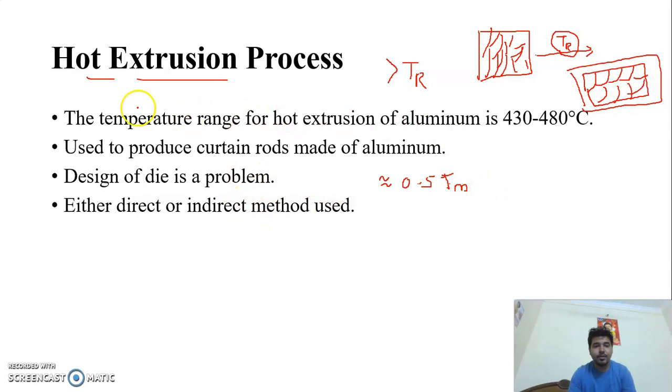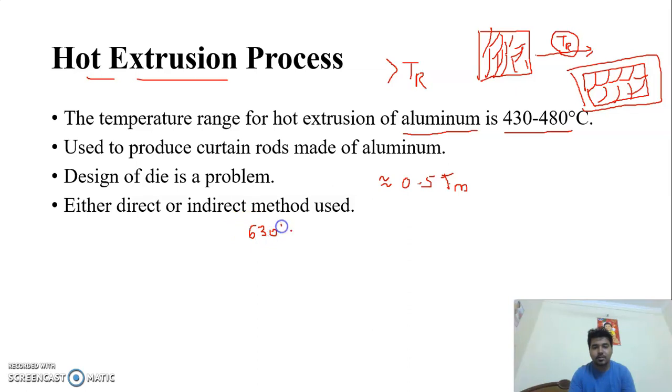The temperature range of hot extrusion of aluminum, I have taken the example of aluminum. For producing an aluminum part by using extrusion, we have to give a temperature of about 430 to 480 degrees Celsius. The melting point of aluminum is about 630 degrees Celsius.